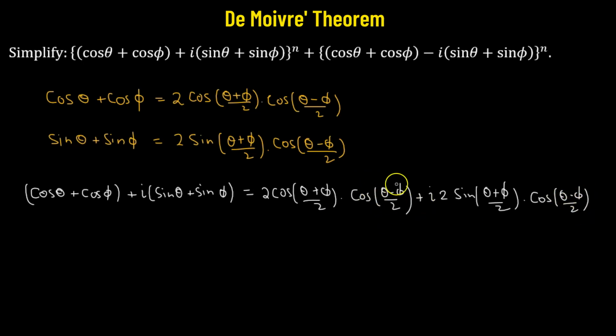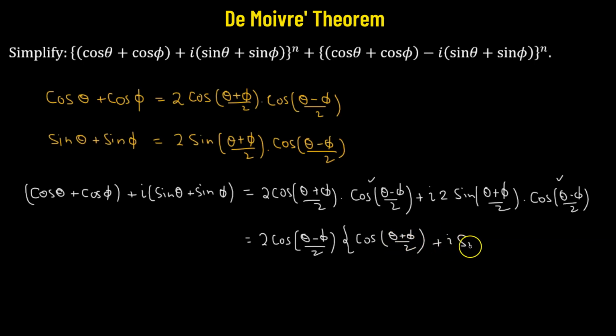Now here we see that in the two terms, cosine of (theta minus phi) over 2 is common. Also 2 is a common factor, so we can take out 2 times cosine of (theta minus phi) over 2, and this will get multiplied to cosine of (theta plus phi) over 2 plus iota times sine of (theta plus phi) over 2.